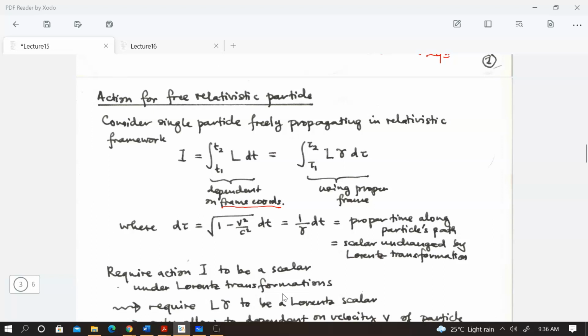And one can actually do this by considering, instead of the integral over your coordinate time, so this is coordinate time, convert it to the case of what is called the proper time. And proper time, you remember, is a Lorentz invariant.